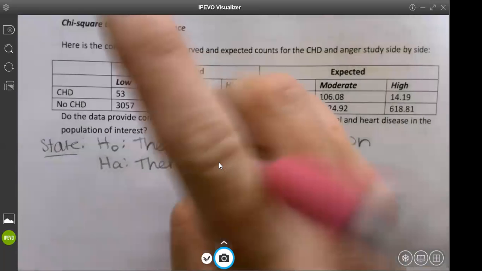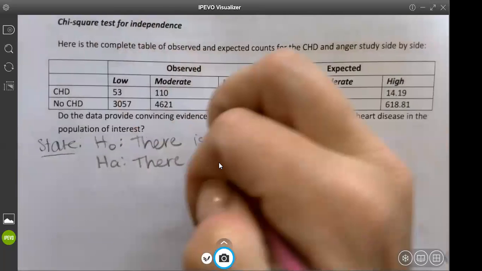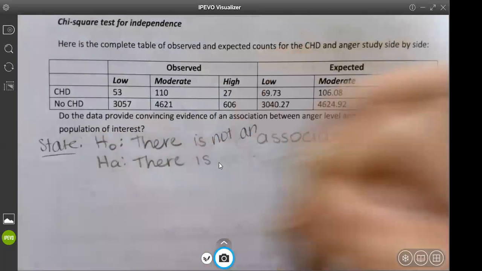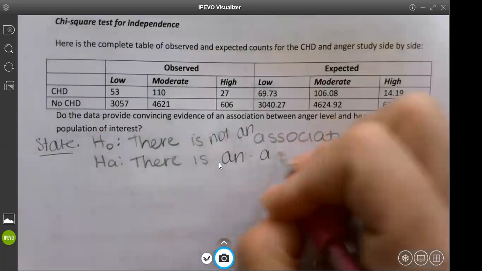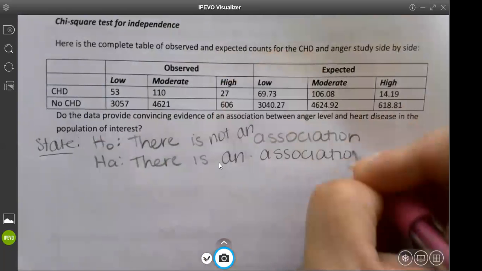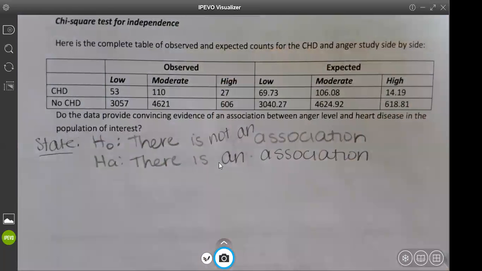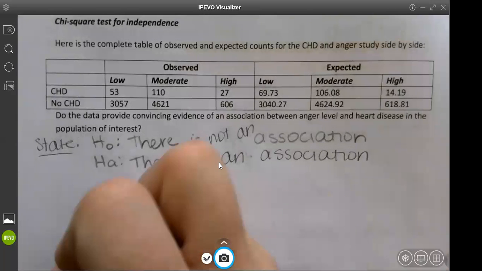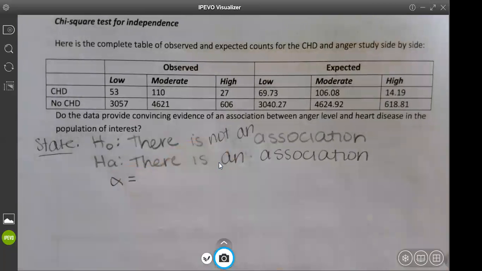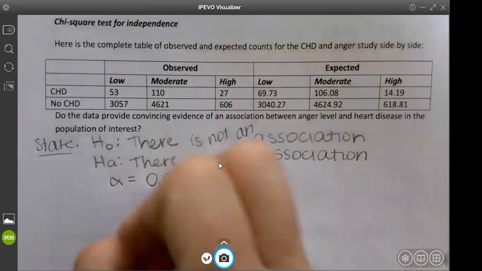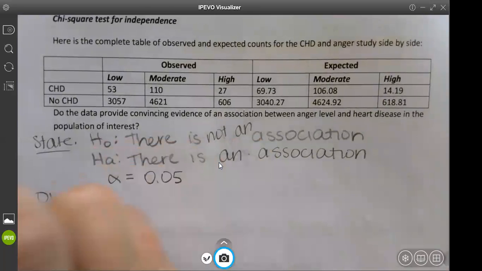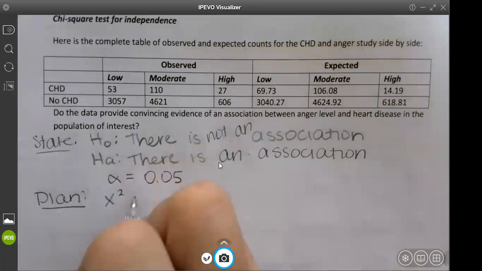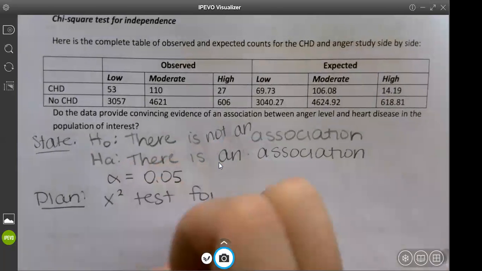There is not, and there is an association. I apologize. What's our alpha level in this? We don't have one, so we're going to put it in there as 0.05. Plan: we're doing a chi-square test for independence.